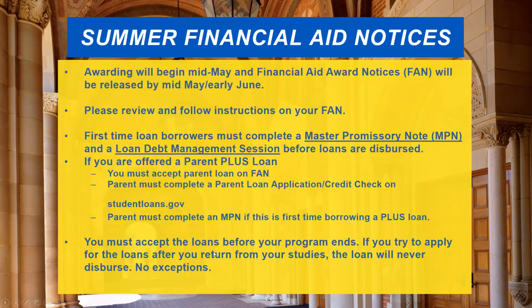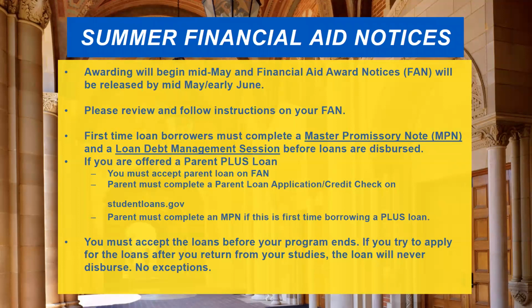Then another thing, some students want to wait to decide whether or not they're going to take out the loans. They want to see if they can make it. Well, the loans have to be accepted prior to the end of the summer term. If you wait until after the summer term is over, then it's too late.